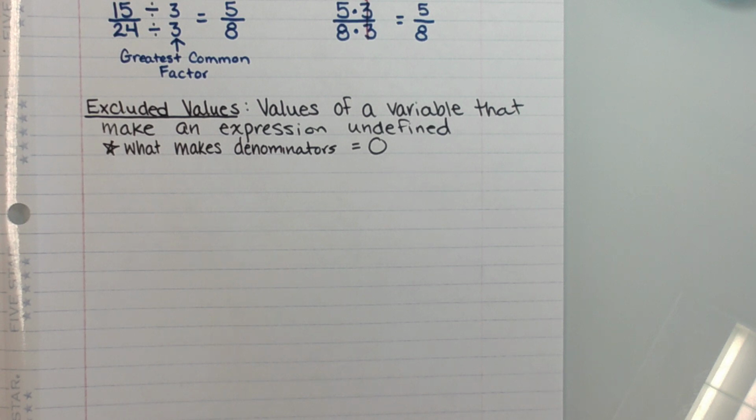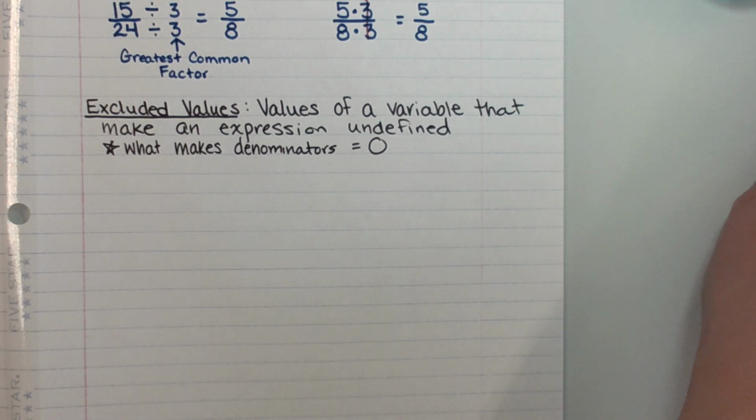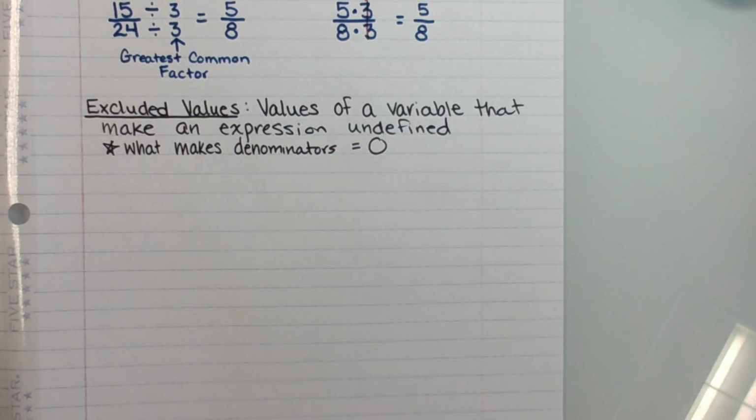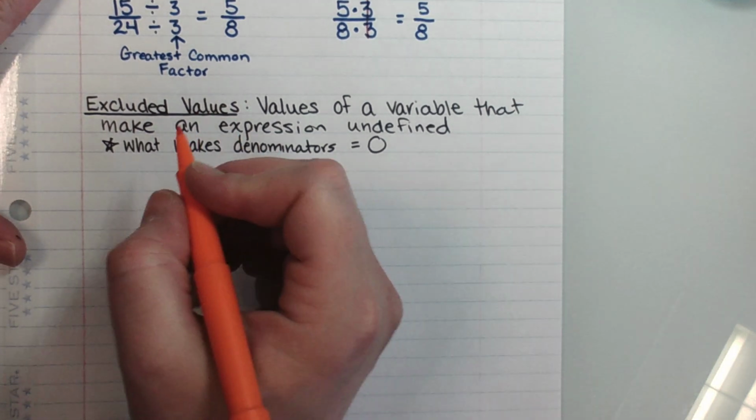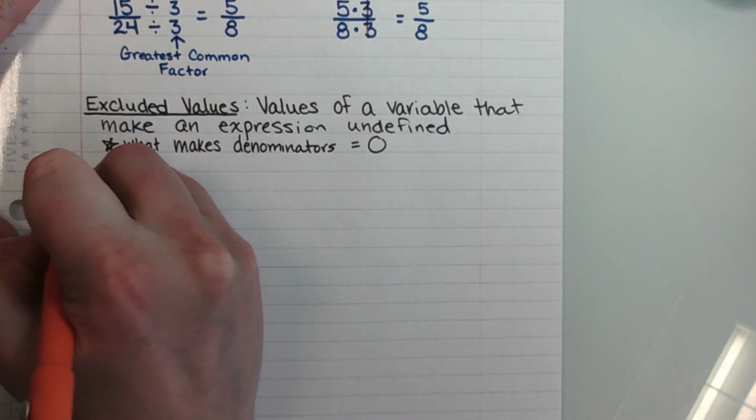No, you just didn't do it because they were plain numbers. But when you put variables in the denominator, 0 might be amongst them. So today we are going to simplify and find excluded values.